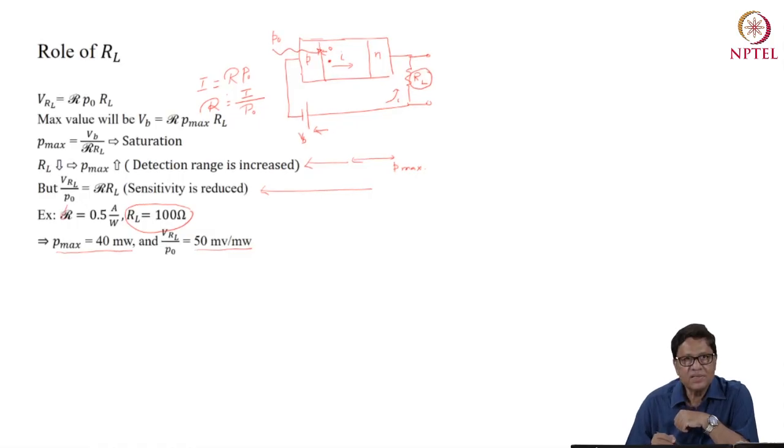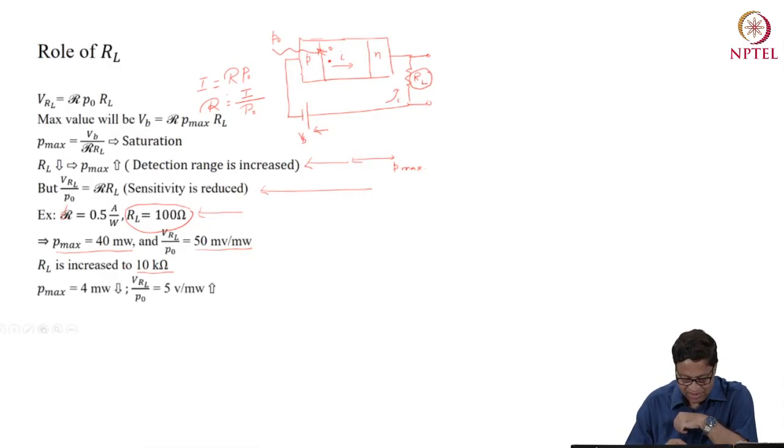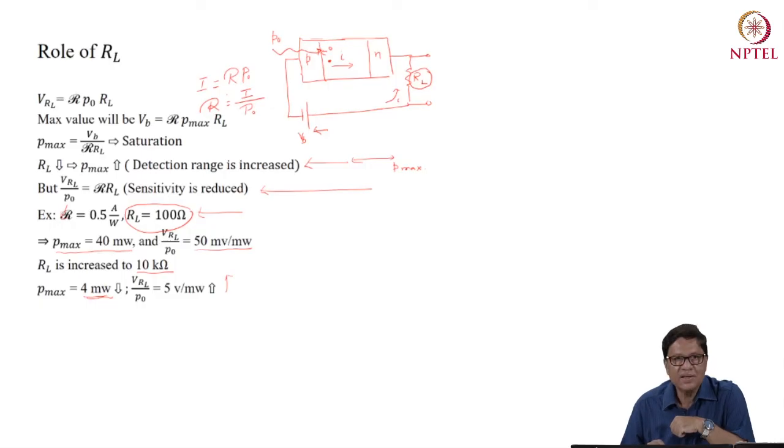Now let us see what happens to these values when I increase RL. I have increased RL to 10 kilo ohms. If I calculate P max, this is 4 milliwatts. My detection range has decreased. Whereas the sensitivity becomes 5 volts per milliwatt. That means my sensitivity has increased.